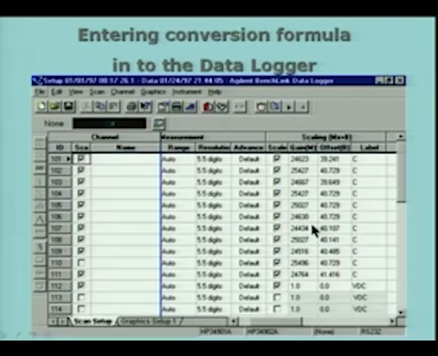So, when the voltage is scanned, or the several channels are scanned consecutively by the data logger, for the first channel it will get the value in volts, and immediately it will use this conversion formula and convert it to Celsius. Here C is the Celsius and what is coming in is voltage. The voltage is converted to Celsius.